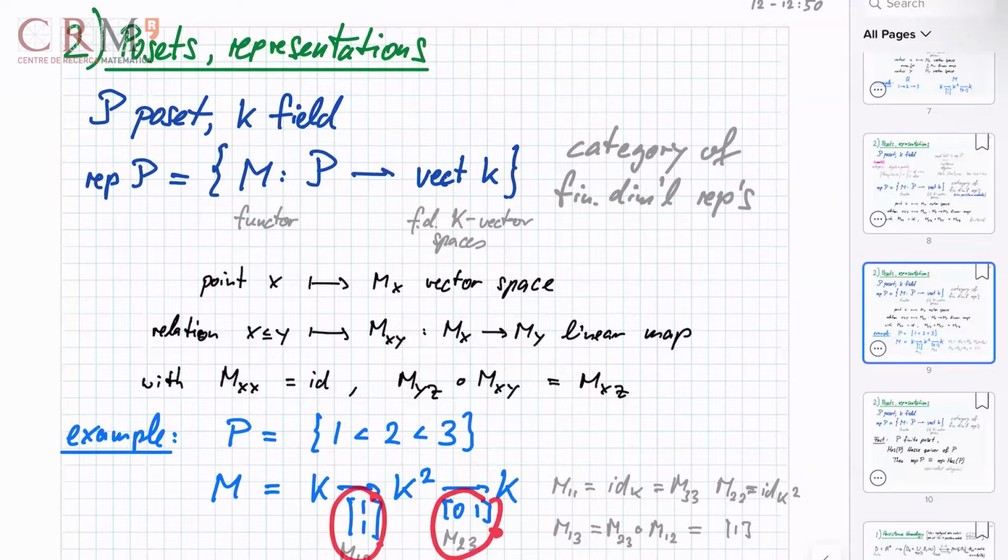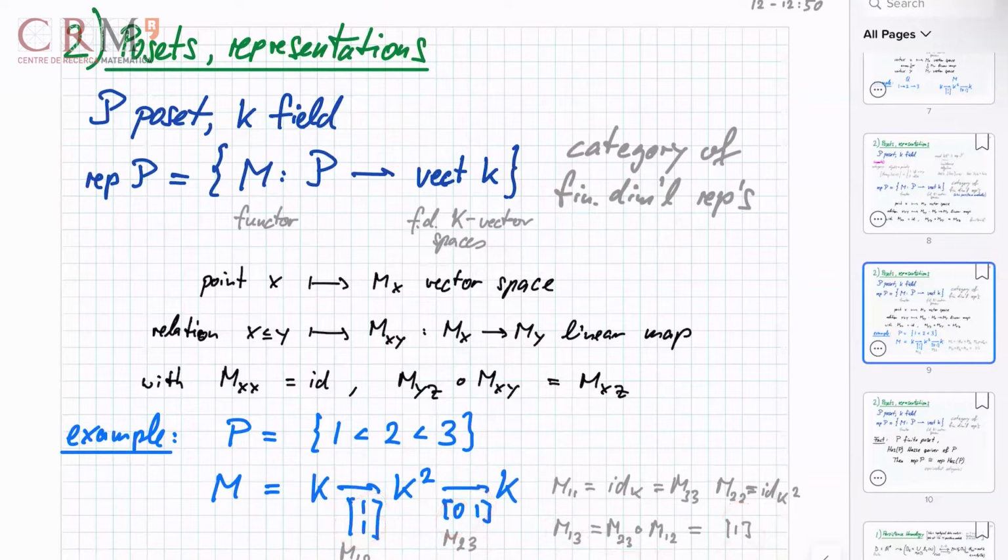Now for a representation of posets, there's a bunch of other linear maps that I'm supposed to give you. For instance, M11 is the identity on K, M33 is the identity, and M22 is the identity here in the middle. And then there's the linear map from 1 to 3, which you can compute yourself. It must be the composition of these two maps, and computing the composition gives you that linear map.